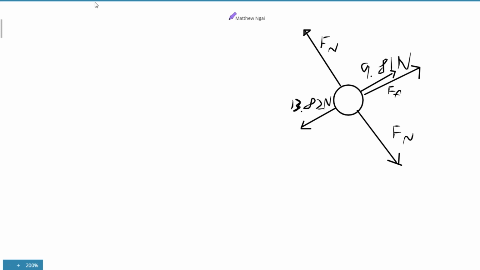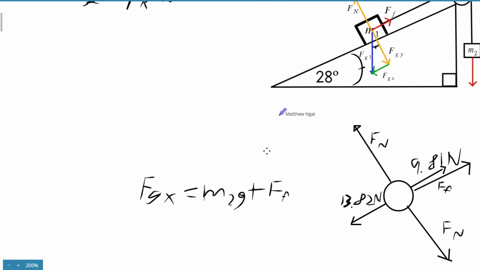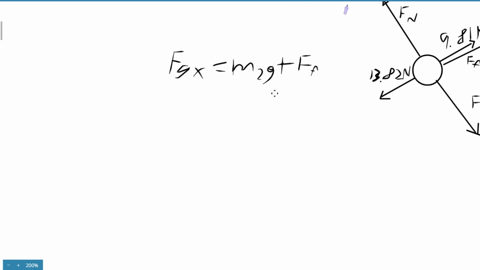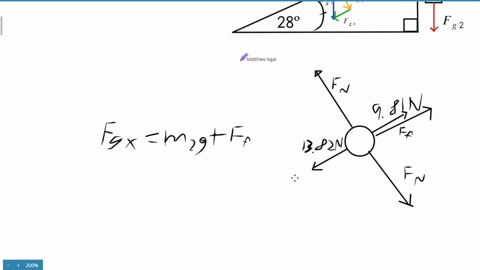We know that FGX equals M2G, which is the force of the string pulling on the mass, plus F. So now we can just put the values we have for these in here.